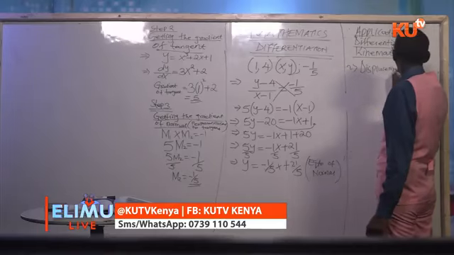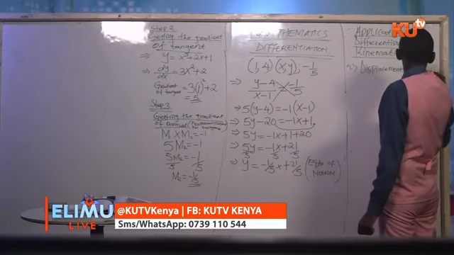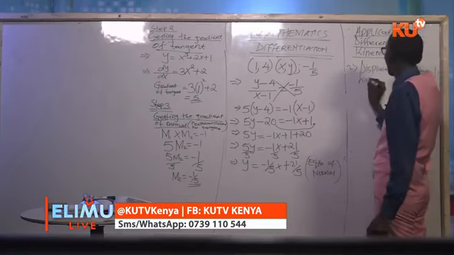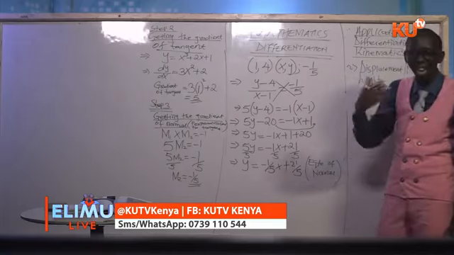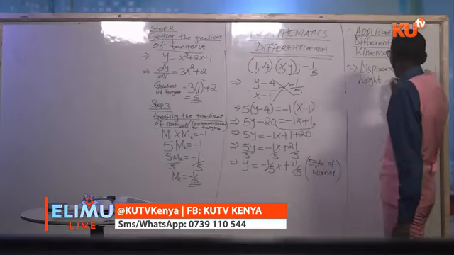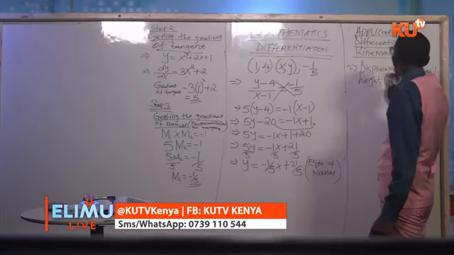Another name for displacement is distance. Another name for distance is height. And it's expressed in meters. The SI unit is meters. The short form of distance or displacement is S.